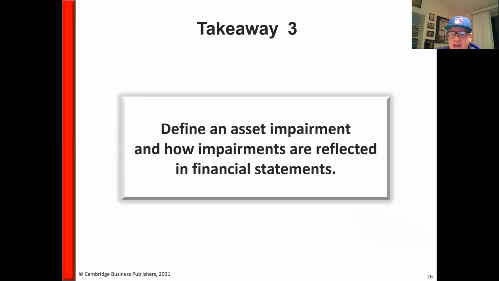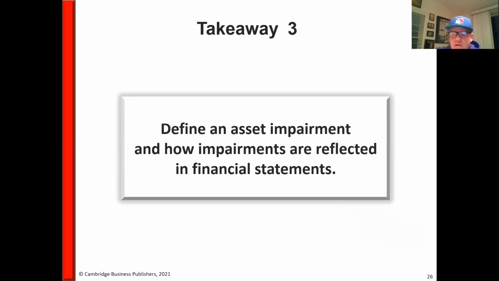We know that we record assets at historical cost, so we've got assets on the balance sheet, but what happens when the ability of those assets to generate future cash flows goes down? We have to adjust that. An impairment means a long-lived asset on the balance sheet has lost some of its value.